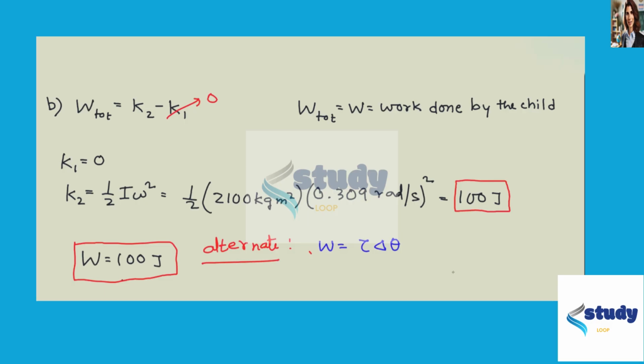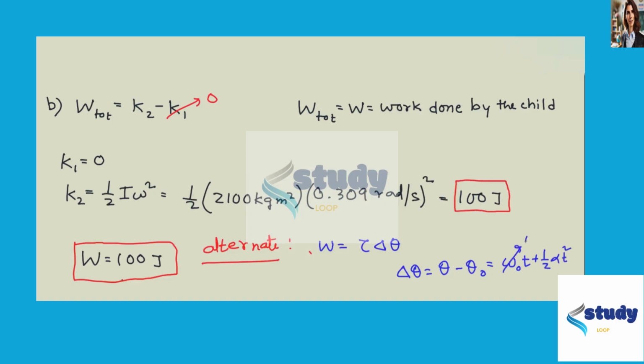For delta theta, this quantity is theta minus theta 0, where theta 0 is the initial position and theta is the final position, and that's equal to omega naught t plus half alpha t squared.